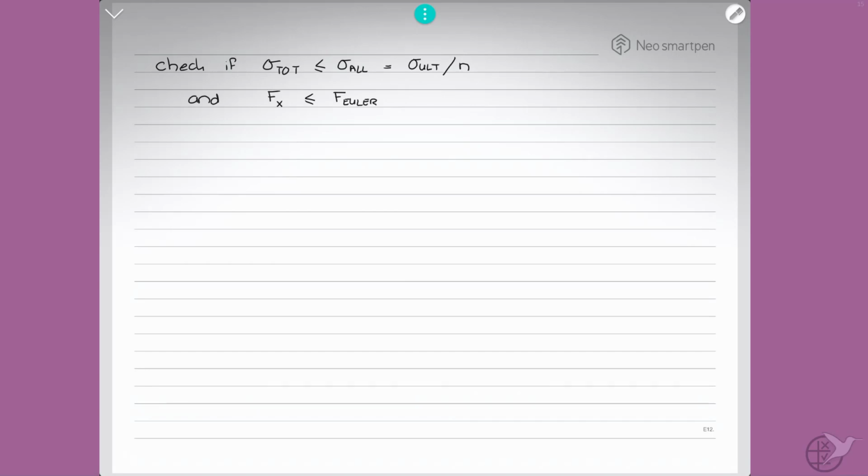So if we recall, our loads in axial direction were equal to 6 mg, and our loads in lateral direction were equal to 1.5 mg.